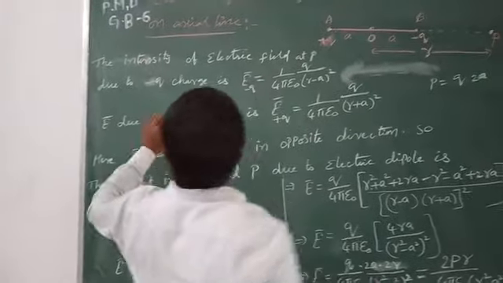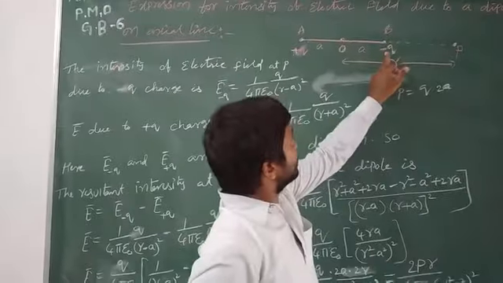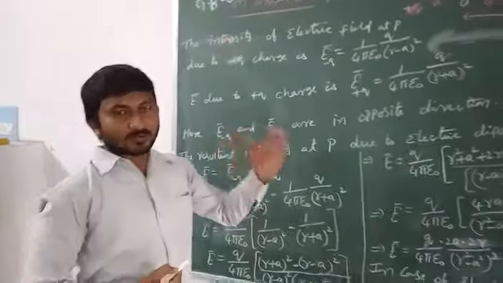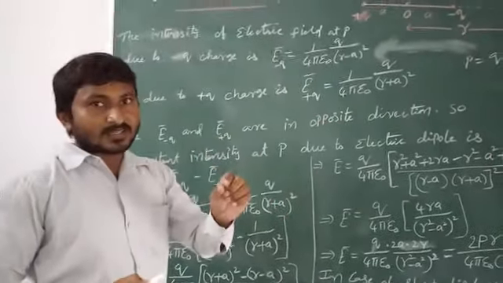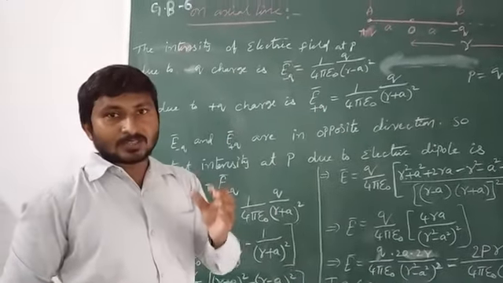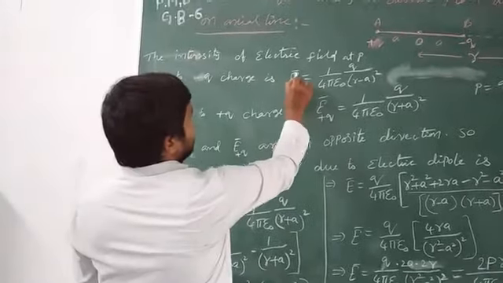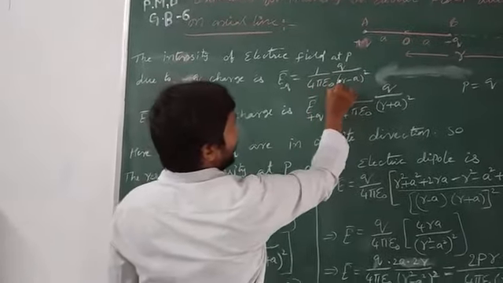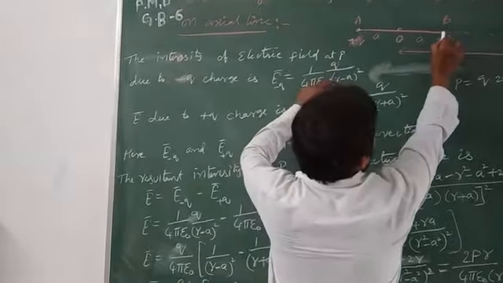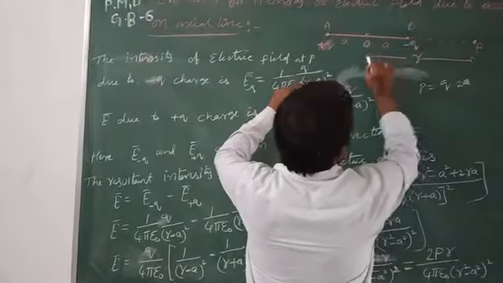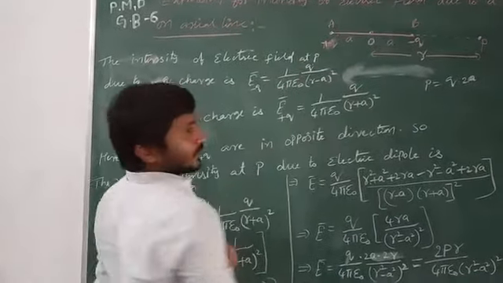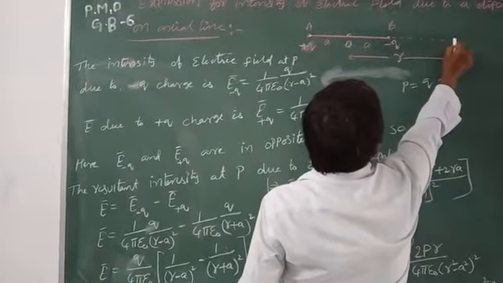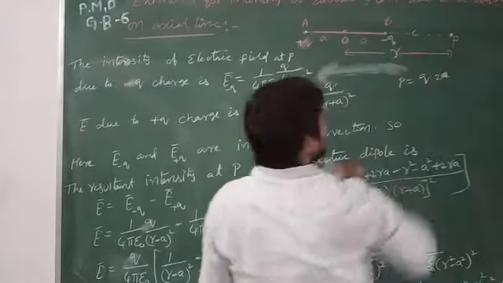Therefore the intensity of electric field at P due to the minus q charge, using the formula E equal to 1 by 4 pi epsilon naught q by r square, where r is the distance of the point from the charge carrier, is 1 by 4 pi epsilon naught q by r minus a whole square. This intensity of electric field acts towards the minus q charge.